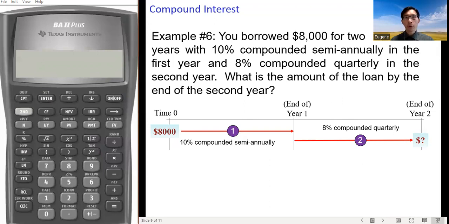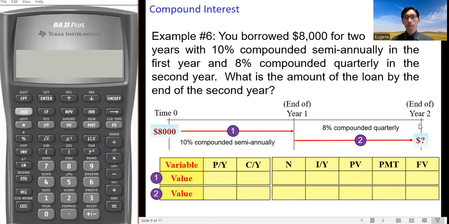So to solve this problem, we will start with the $8,000, get the future value at the end of year 1, take this number, and then get the future value at the end of year 2. For the first time segment, the frequency is 2. The interest rate is compounded semi-annually.